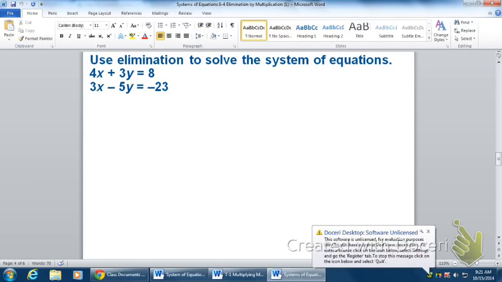If I wanted to eliminate the y's, that's my objective. What would I have to multiply the top equation by, if I wanted to eliminate the y values?